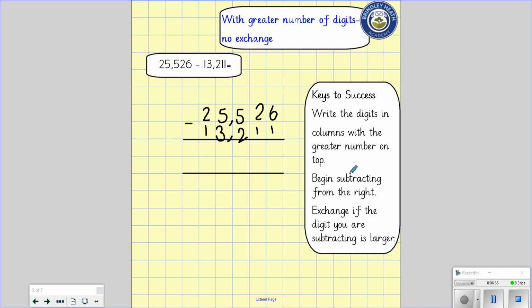I'm now going to start subtracting from the right hand side. So I've got 6 take away 1, which is 5. 2 take away 1 is 1. 5 take away 2 equals 3. Bringing my comma down. 5 take away 3 is 2. And 2 take away 1 is 1. So I've got an answer there of 12,315. So that's a simple calculation, no exchange involved at all.